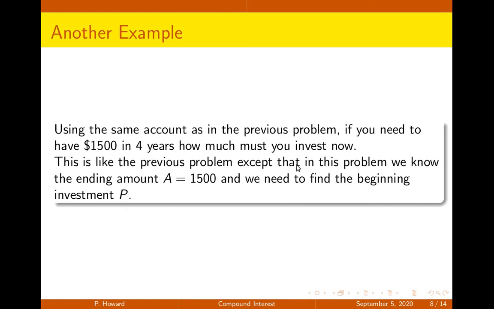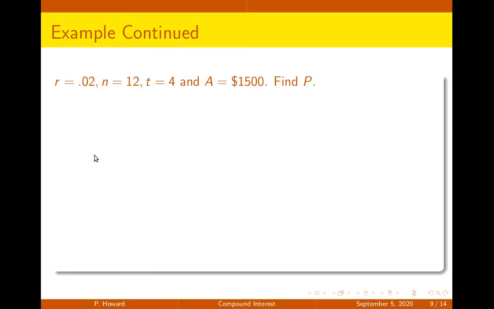So this is like the previous problem, except that in this problem we know the ending amount. Capital A is 1,500, and we need to find the beginning amount, what we have called P. So just a reminder, r, the annual interest, is 0.02, and the number of compounding periods per year is 12. t is 4. We're going for 4 years in this example. The ending amount is 1,500, and we want to find P.